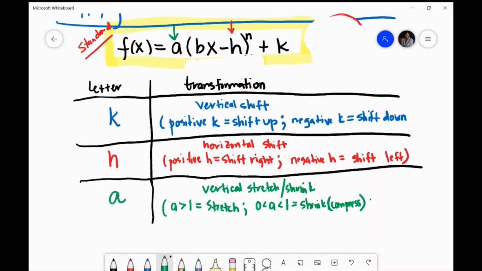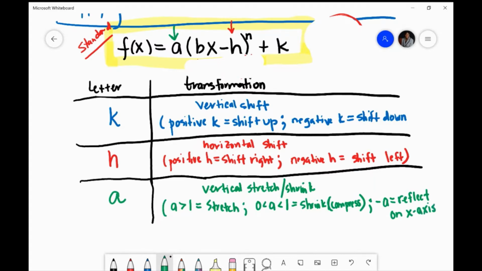And again, you said if it was a negative number, it would reflect. If A was negative, what would it reflect over, the x-axis or the y-axis? The x. Yep, that is true, the x-axis.